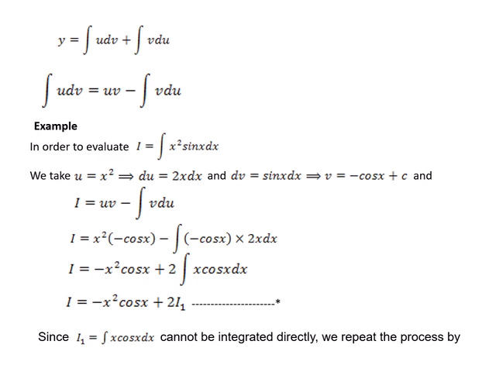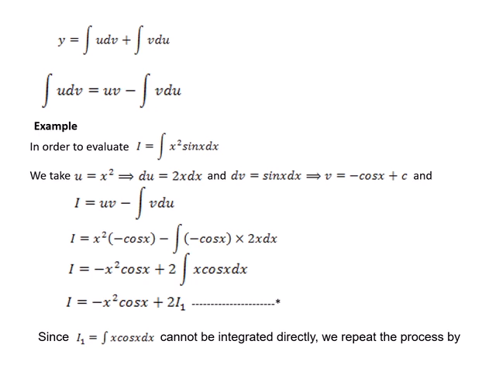Now, instead of calling it I again, we represent the integral s cos s ds as I1, so we have 2 I1. This is for you to be able to differentiate it from the first I, which is the question given from the initial stage. And now we have another question we want to solve.